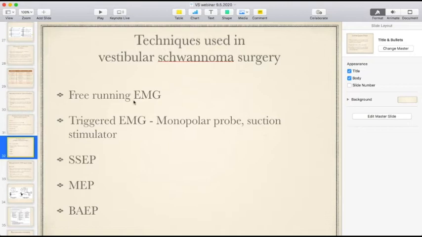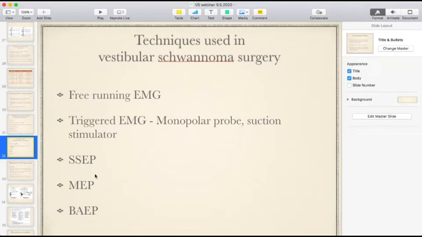Free running EMG is used during initial decompression of the tumor. When we are actually around the capsule of the tumor, then triggered EMG may be used with a monopolar probe or a suction stimulator to identify the location of the facial nerve and preserve it.